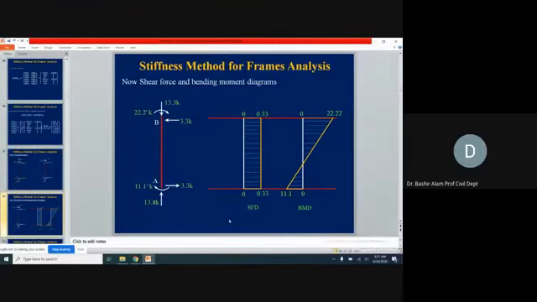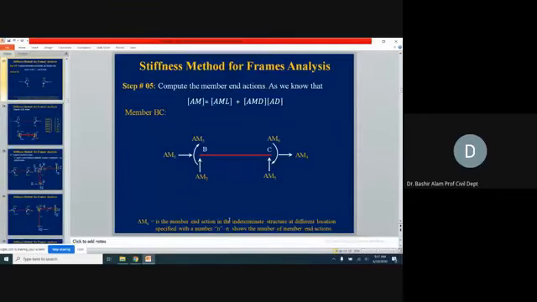The same process we are going to repeat for member BC also. So let's go to member BC now. Here, now you see the member and actions designations now. B, let's say it is the starting end, and C, it is the ending end now. So horizontal AM1, again, if you see rightward, upward, and clockwise, we are taking positive, these member end actions.